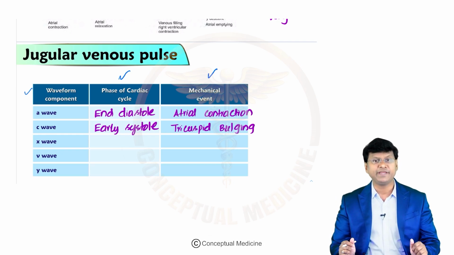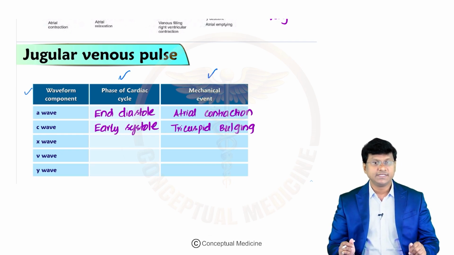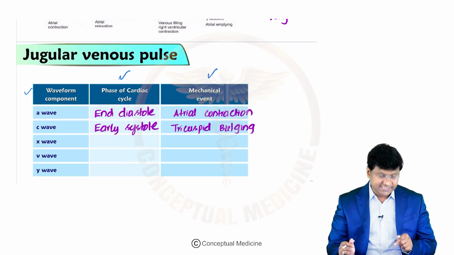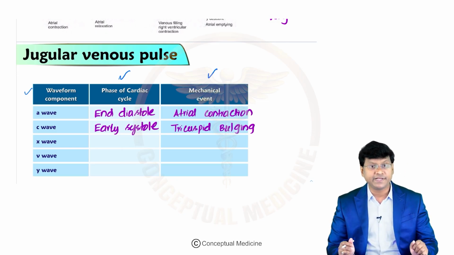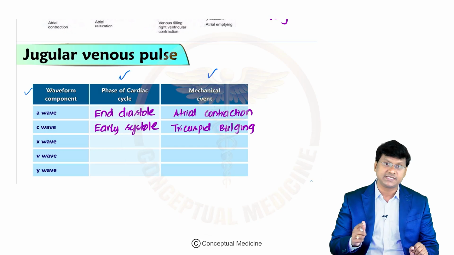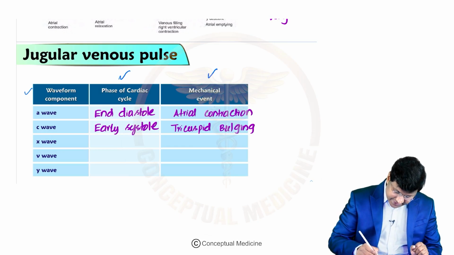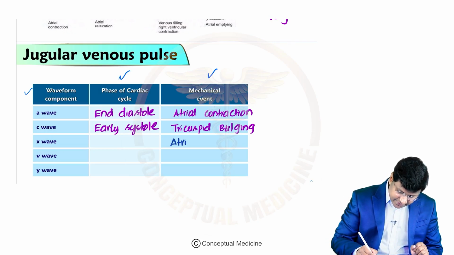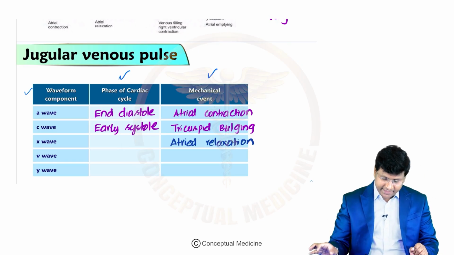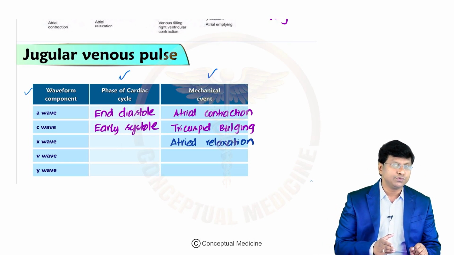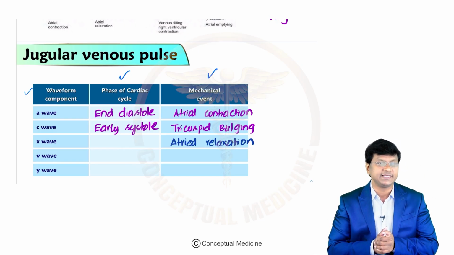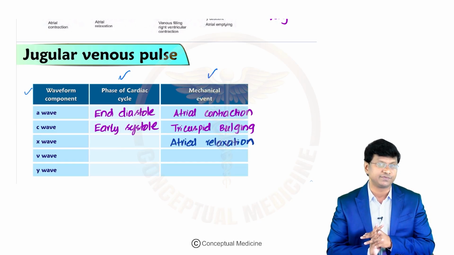Okay, now coming to the X wave. A, C, X, V, Y. Now if you take this particular X wave, what is the mechanical event? That will be atrial relaxation, right? Now you need to know which particular phase of the cardiac cycle will be your X wave.